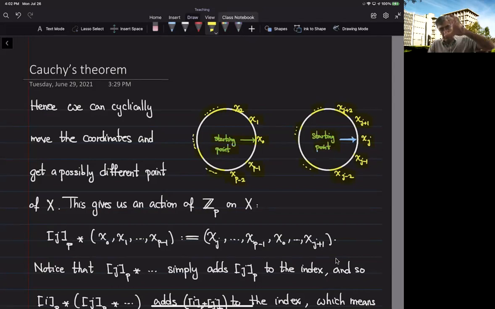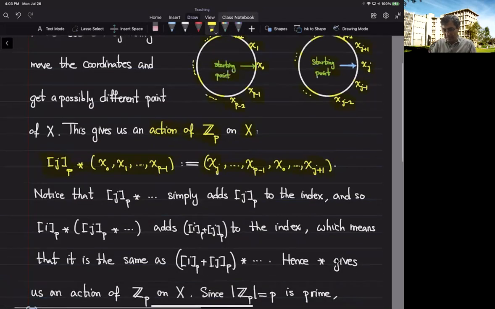This means that as I rotate, I'm still inside the set X, and therefore I get an action of the finite cyclic group of order p on the set X. And this action simply says that when I give you the residue class of j mod p, simply rotate the solution given by the x_i's j times, and start from x sub j and then continue. So essentially you add j to the indices mod p, and that would be my action.